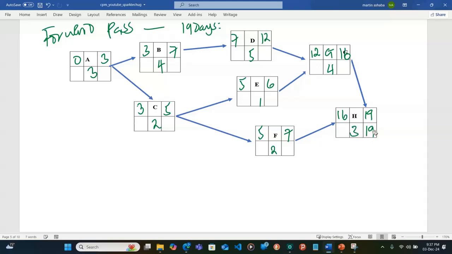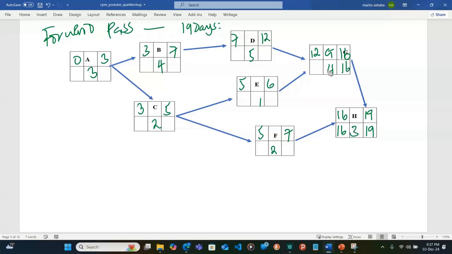So minus 3, this becomes 16. The earliest finish time here is 16, and the latest finish time is 16 also, because it became the latest start time for this activity.